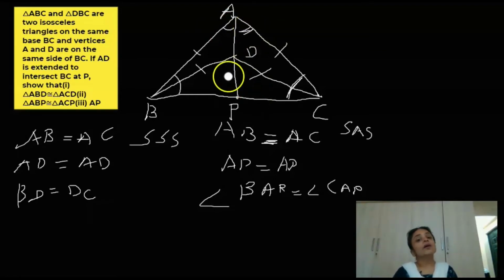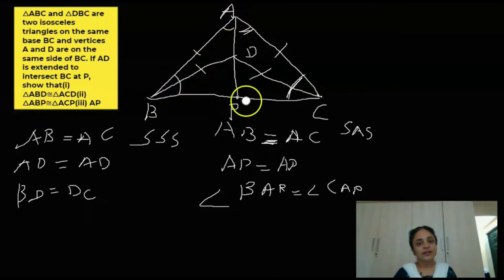Now we have to prove that AP is the bisector of angle D also. So for that we have to prove that angle BDP is congruent to angle CDP. How will we prove that? We know that triangle ABP is congruent to triangle ACP, and triangle ABD is congruent to triangle ACD, right? So triangle ABP minus triangle ABD will give triangle BDP and triangle CDP.